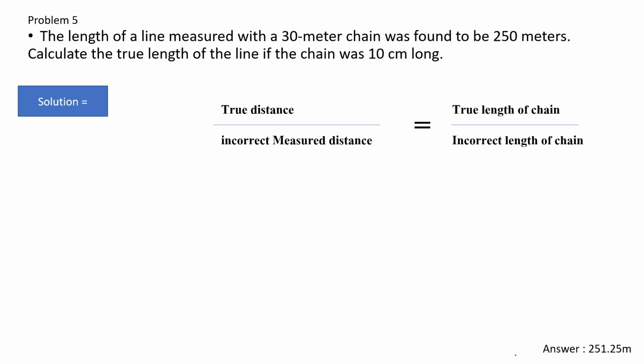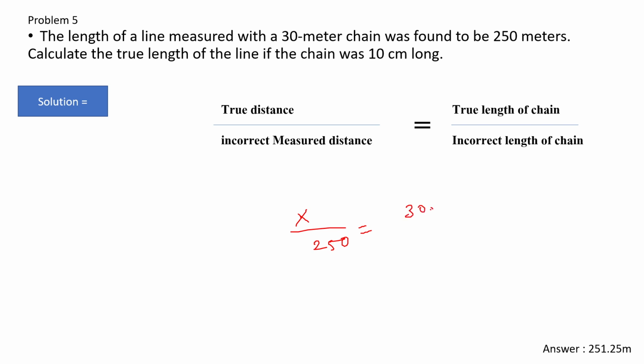Okay. The length of a line was measured with a 30-meter chain and found to be 250 meters. Again we have measured the length. So, the next problem. For the 30-meter chain, the true distance we have to calculate is x, and 250 is the measured length, and the chain was 10 centimeters too long.